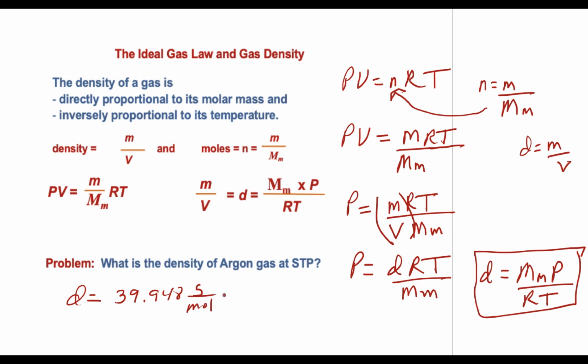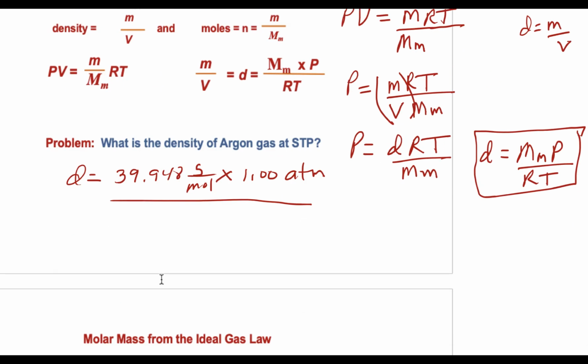And then it's STP, standard temperature and pressure, so we have a pressure of 1 atmosphere. We'll divide this by R, which is 0.0821 liters atmospheres per mole Kelvin. And then times the temperature, that'd be 273 Kelvin.